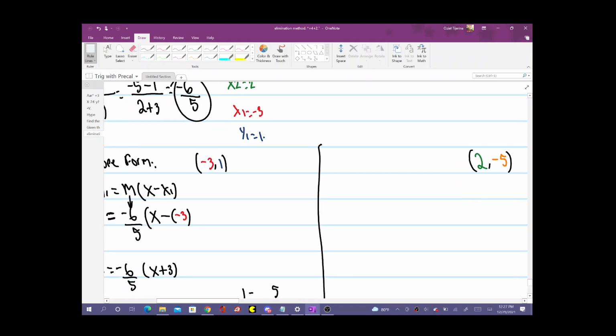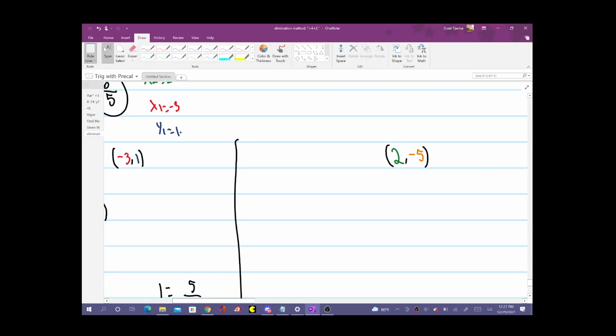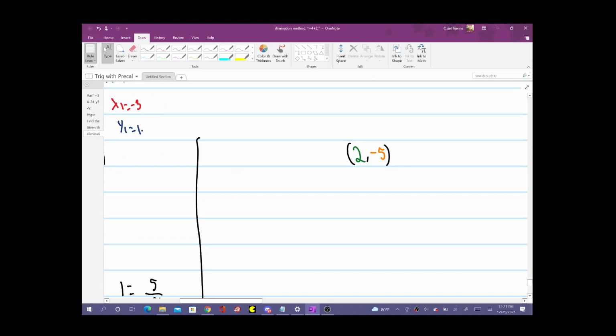So again, we're going to use x1, y1. Let's make this x1 and this y1. So again, y minus y1 equals m times x minus x1.